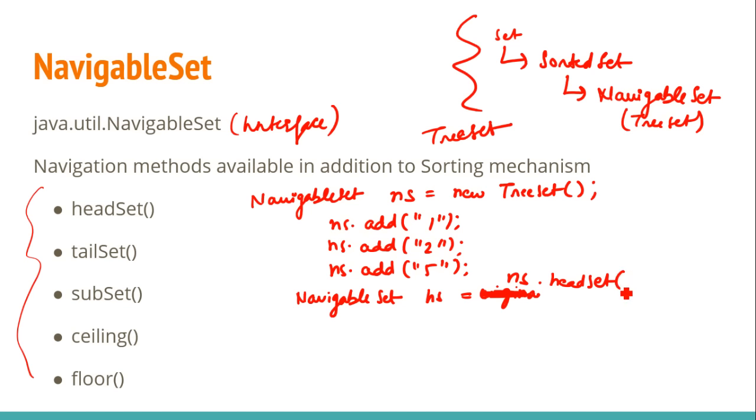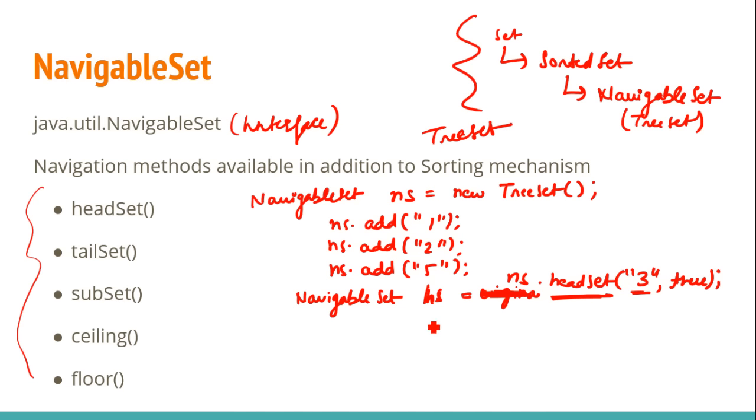In this headSet method you pass the value 3, let's say, and true. What headSet does is it gives you a navigable set again, which contains elements that are less than the given element. What elements are less than 3? 1 and 2. So our headSet will have 2 elements, 1 and 2.